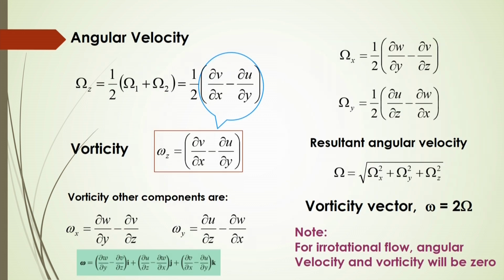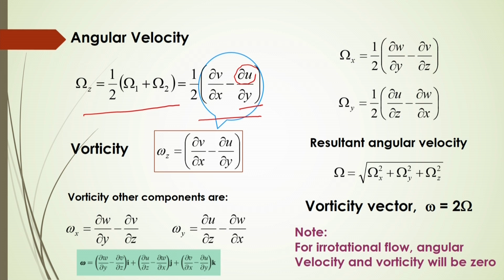So, in that case finally, we can say that this angular velocity will be half the average of these two angular velocities, which will be represented in Cartesian coordinates by ∂v/∂x. That means the velocity change in the y direction with respect to the distance in the x direction, and also the velocity change in the x direction with respect to the distance in the y direction.